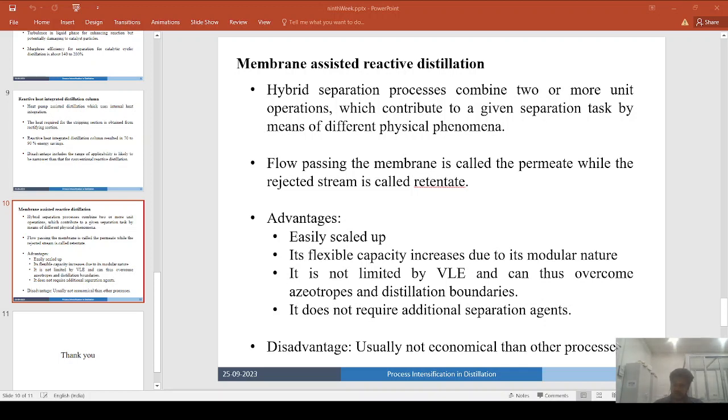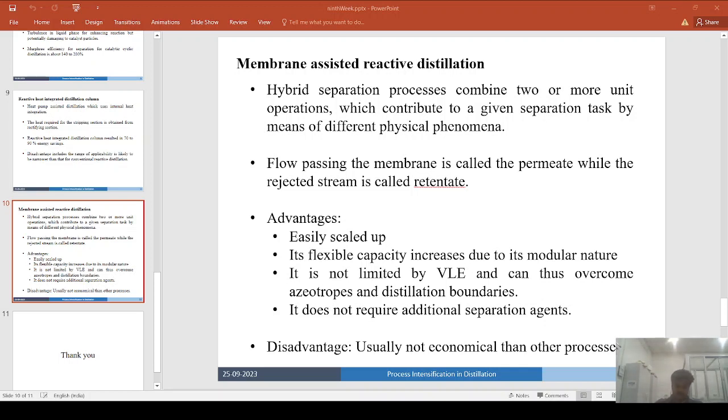Now, what are the different configurations for MARD? There are four different configurations of MARD.